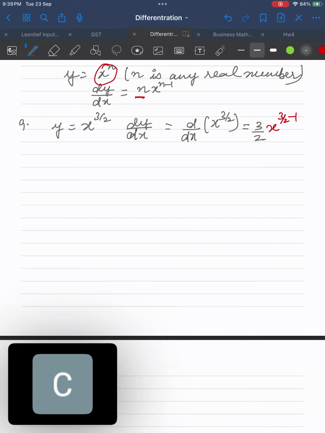What would it be? 3 by 2 x to the power 1 by 2, or I can write 3 by 2 root x. Let me take another one like y equals x to the power 5. It's the easiest one.